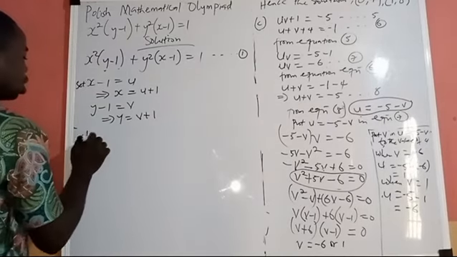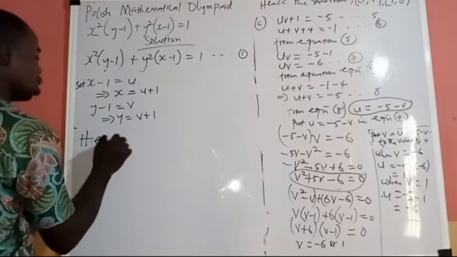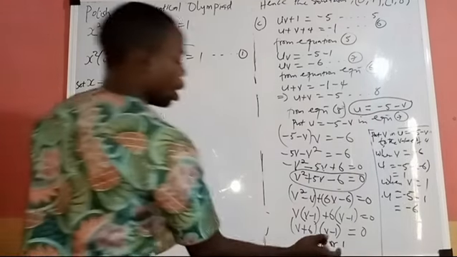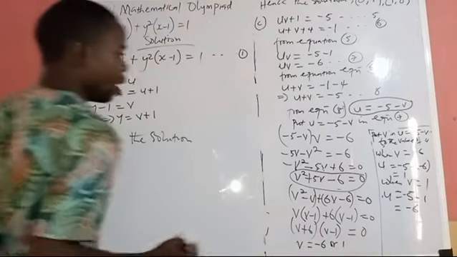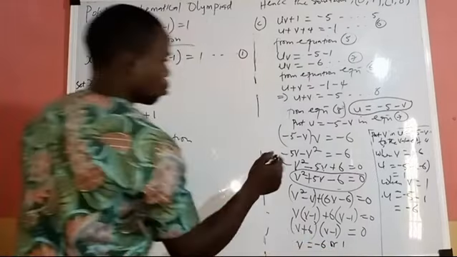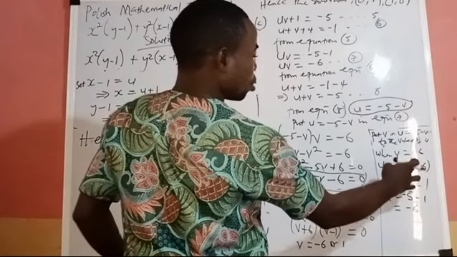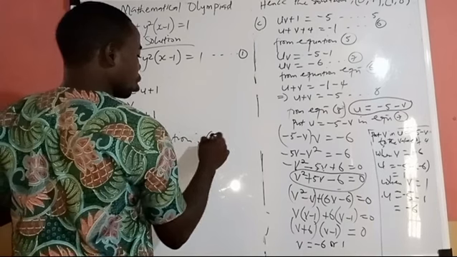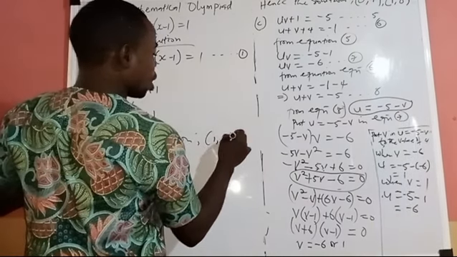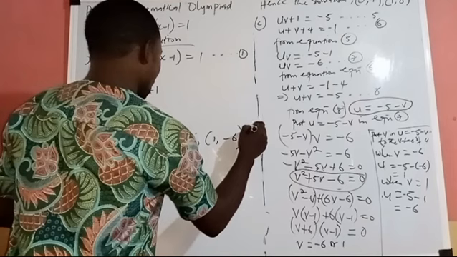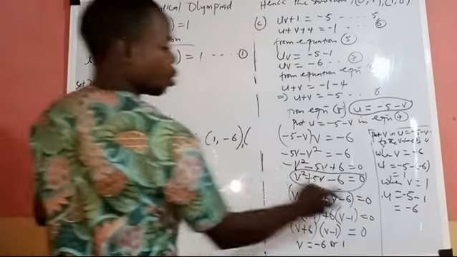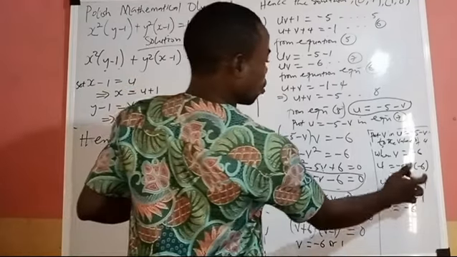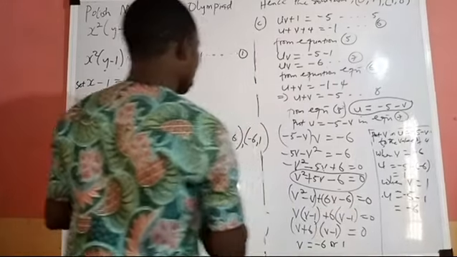From these cases, we have this solution: when our u is equal to 1, our v is minus 6, 1 comma minus 6, and then when our u is equal to minus 6, our v is equal to 1.